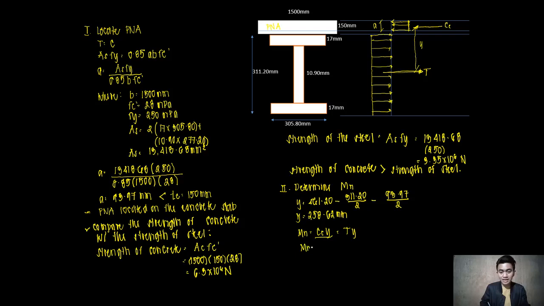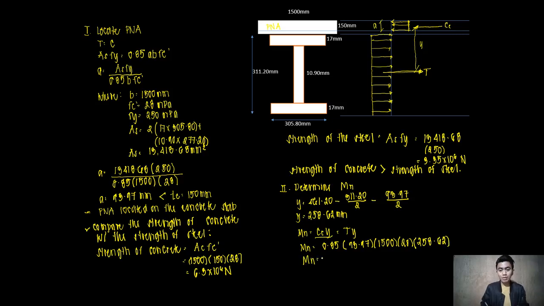So M sub n now is equal to 0.85, multiply it by the area. What is A? The value for A is 93.97, multiply it by b, which is 1,500, times f'c, which is 28 megapascal, multiply it by y, wherein the value of y is 258.62 millimeters.